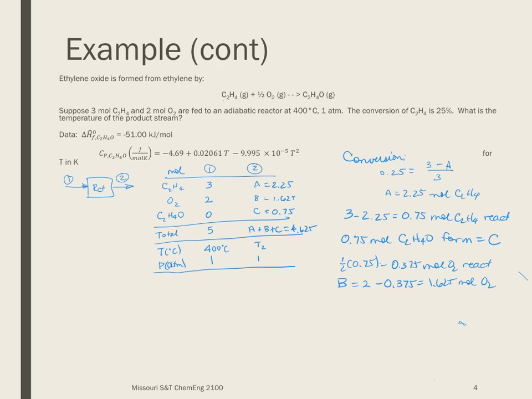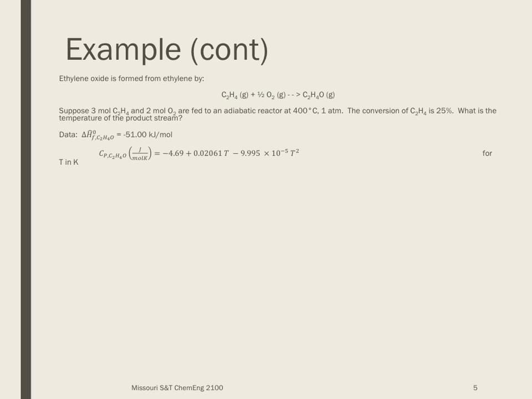So next I need to do the energy balance. So from this particular case, my path is going to be 3 moles of C2H4 plus 2 moles of O2 at 400 degrees C that I'm then going to bring to 25 degrees C.